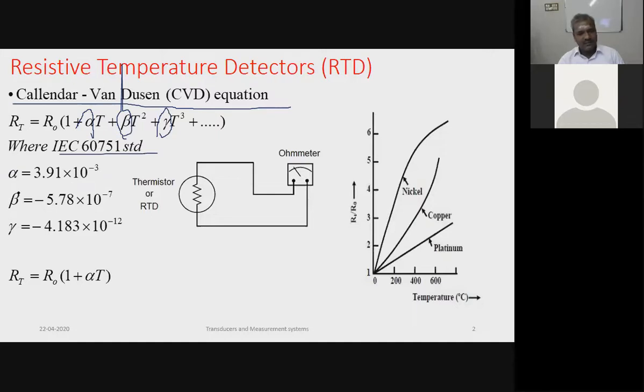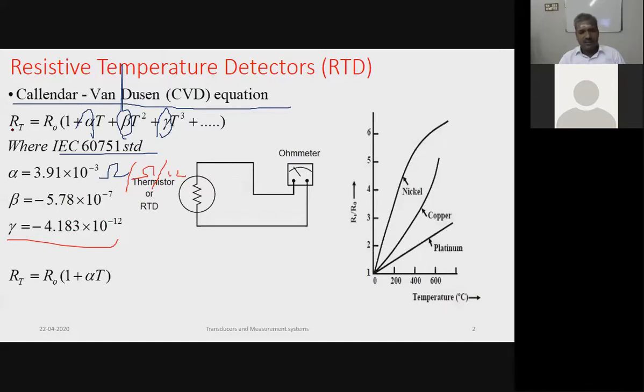So the platinum value is alpha equal to 0.00391 ohms per degree Celsius. The beta coefficient value is minus 5.78 into 10 power minus 7. The gamma value is minus 4.183 into 10 power minus 7.